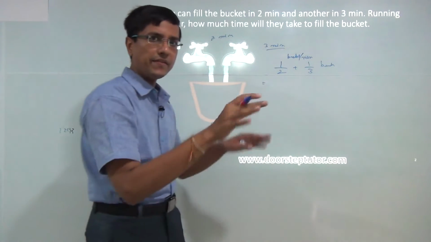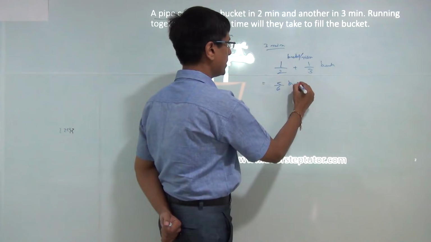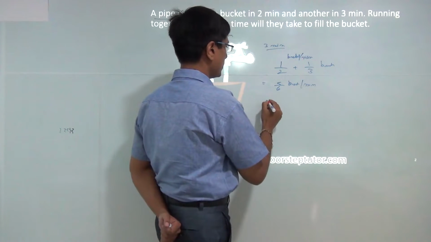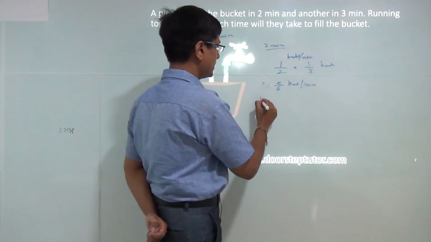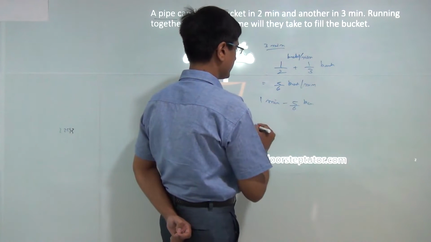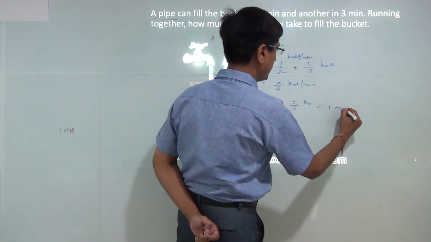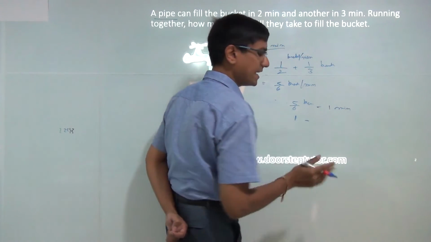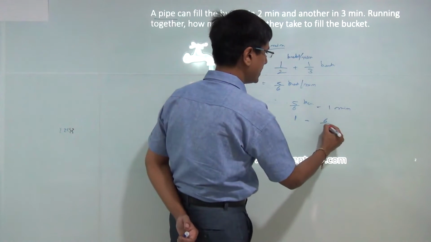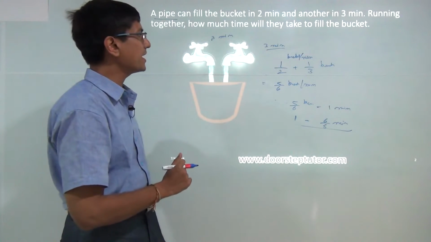If they are working together, their combined rate would be 5/6 bucket per minute. Since 5/6 bucket is filled in 1 minute, to fill one full bucket it would take 6/5 minutes.